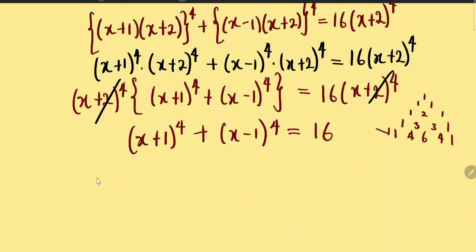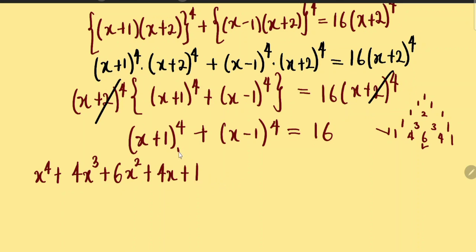So we have our expansion in this form: x raised to the power of 4 plus 4 times x raised to the power of 3, then 1 raised to the power of 1 is still 1, plus the coefficient 6 times x squared, plus 4x plus another 1. So that is the expansion for this.